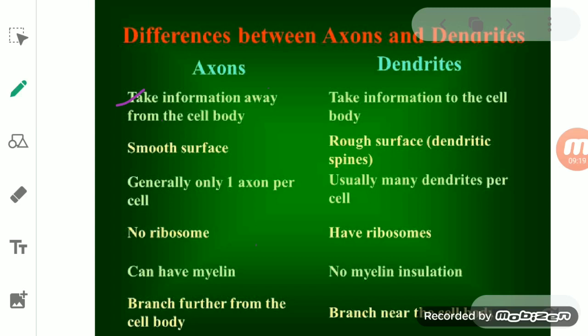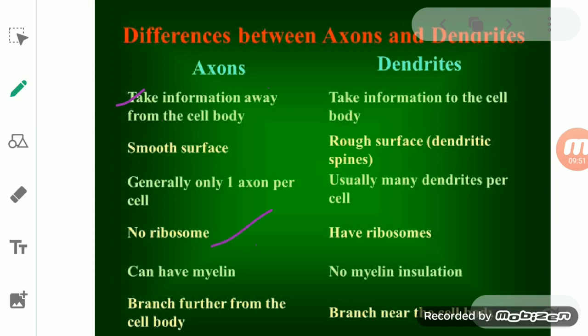Generally, if you see the neuron, students, you find that only one axon is present in one nerve cell, while if you see the dendrites, a lot of dendrites come out from the cell body. So generally one axon is present in a nerve cell, while many dendrites come out from the cell body.